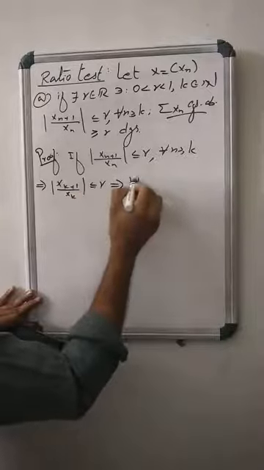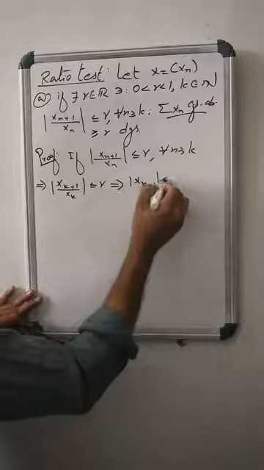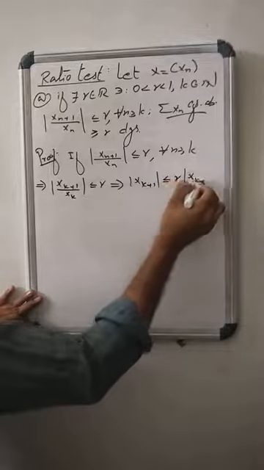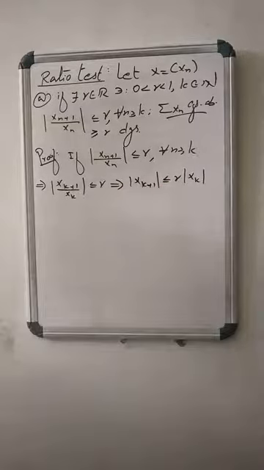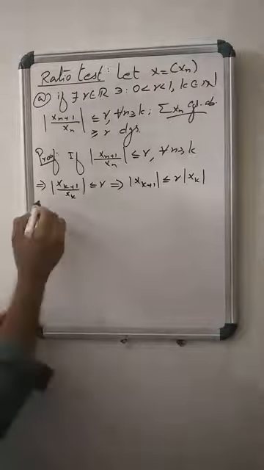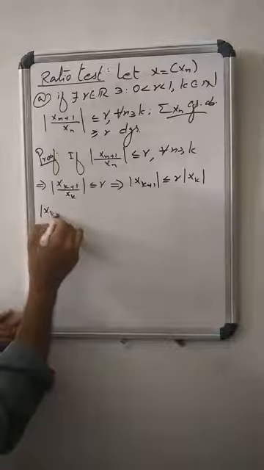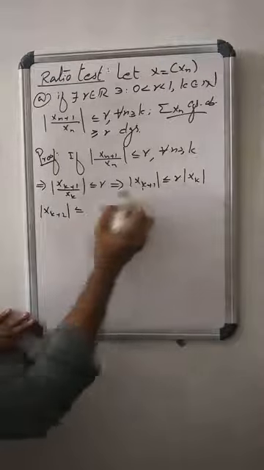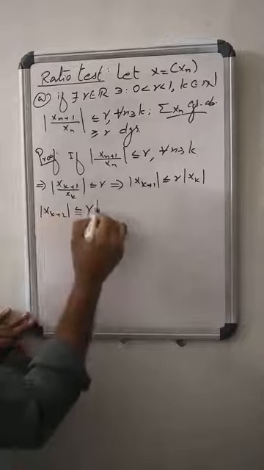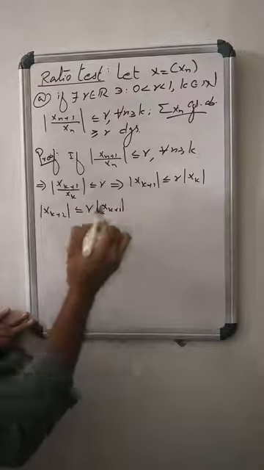That means modulus of xk+1 is less than or equals r into modulus of xk. Agree? Again, modulus of xk+2, by using this result, is less than or equals r into modulus of xk+1.